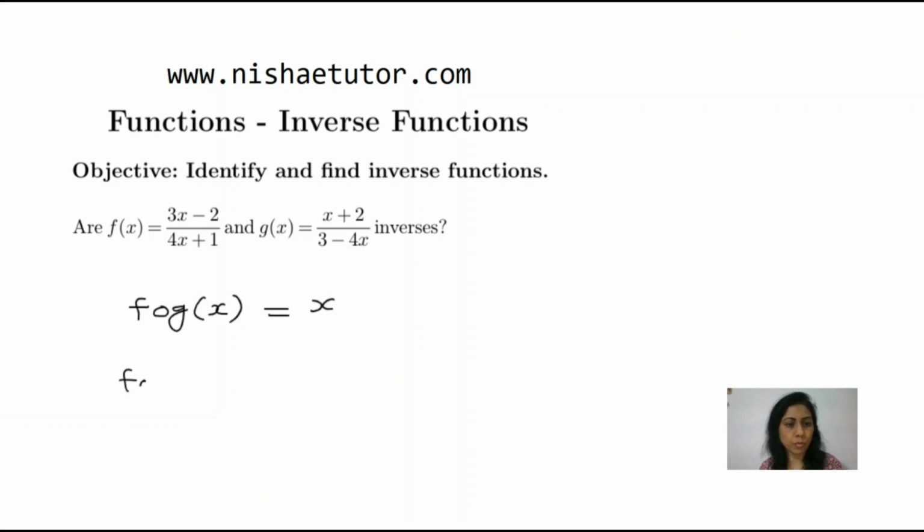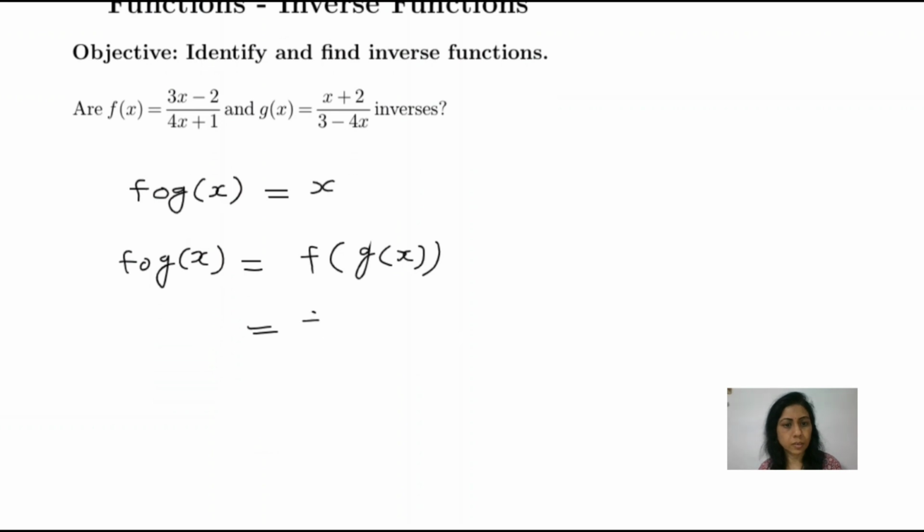So f(g(x)) means f of g of x. What is the g(x) value? g(x) is (x + 2)/(3 - 4x). And what is f(x)? f(x) is (3x - 2)/(4x + 1).